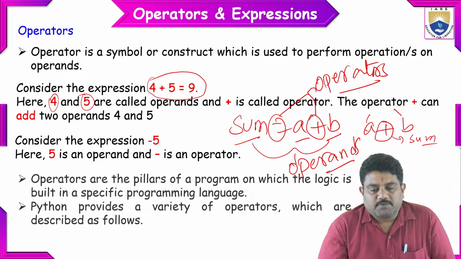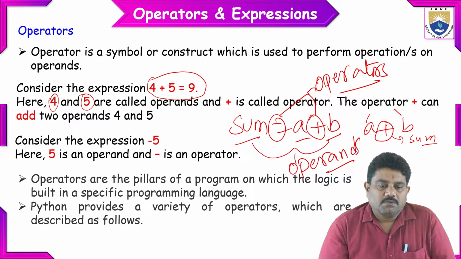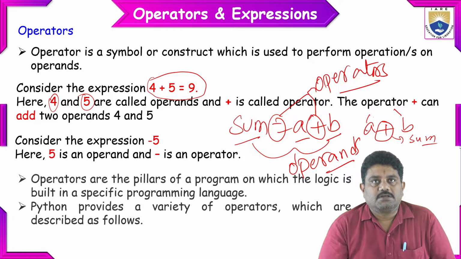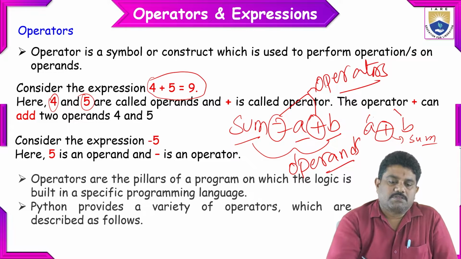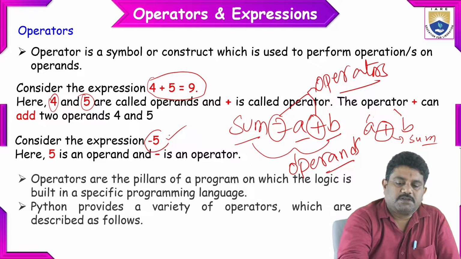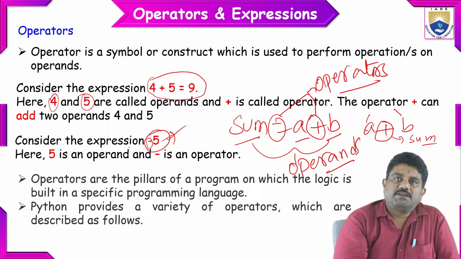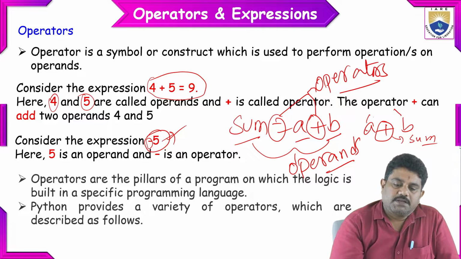What are the different types of operations? Addition, and so on. Based on different types of operations, we have different types of operators. We will see those things. See the second example. Consider the expression minus 5. Here minus 5 is an expression. 5 is the operand and minus is an operator which makes 5 a negative number.